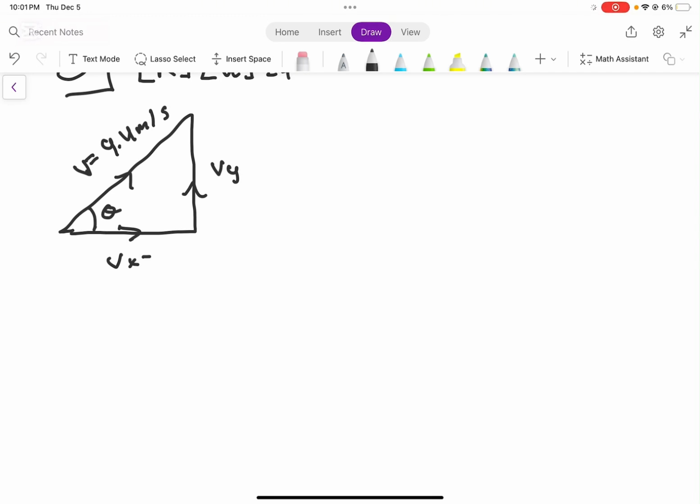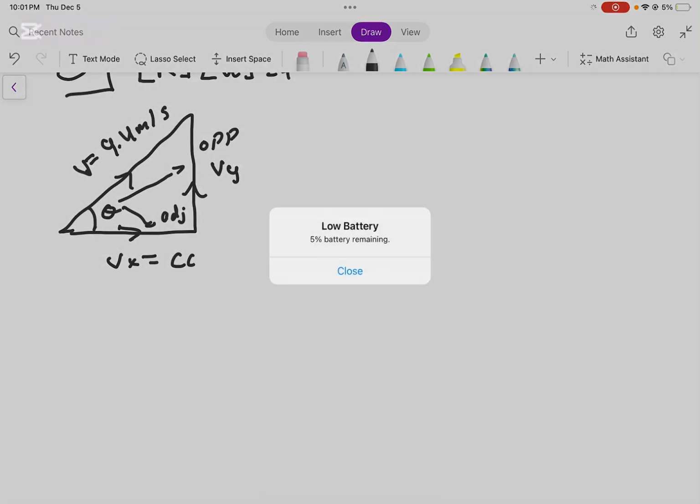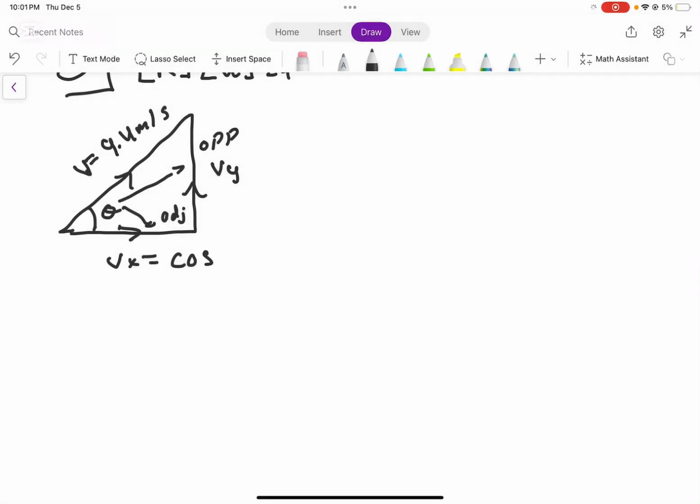But we know that for vx and vy, we're just going to use simple trig. We know that vy is going to be the opposite of the reference angle, and then vx is going to be adjacent. So adjacent is just going to be cos theta multiplied by v1.